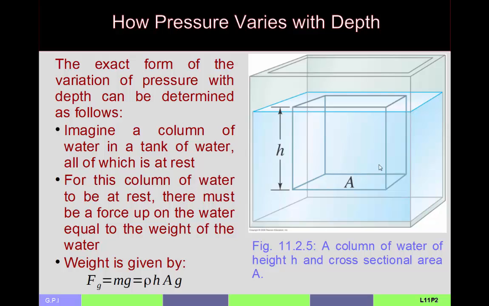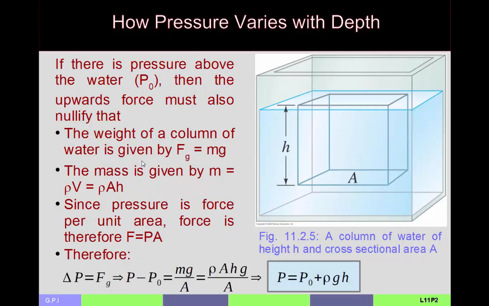And so the weight of this box of fluid must be the volume times the density times the gravitational acceleration. In other words, weight is equal to mass times free fall acceleration, and the mass is given by the density times the volume, where the volume is the height times the area. So this is the expression for how much this cube of water, or a cube of other fluid, must weigh.